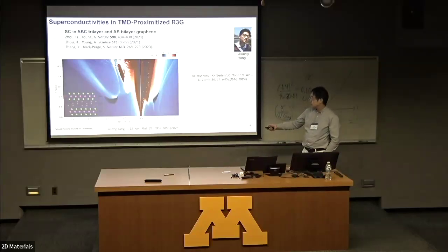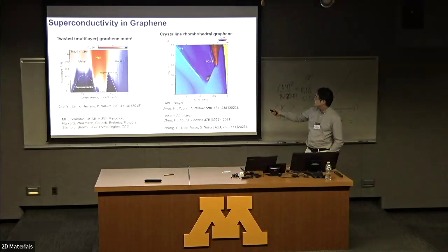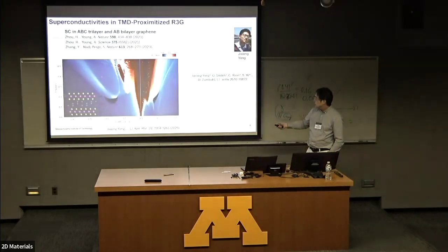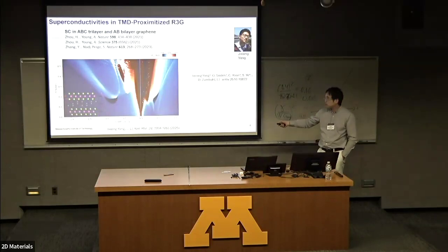We didn't see the quantum spin Hall effect there, but we see a dramatic change of the superconductivity landscape in trilayer graphene compared to what Andrea first reported. Just to flash show this first. SC1 is at the boundary between a half metal and some other states, while SC2 is here. When you have strong enough spin-orbit coupling introduced to the rhombohedral trilayer graphene, you don't see SC1 at all.